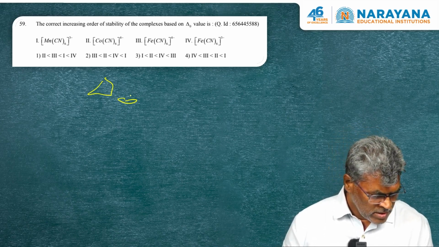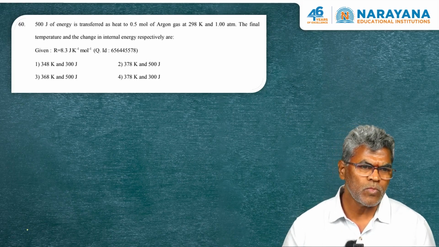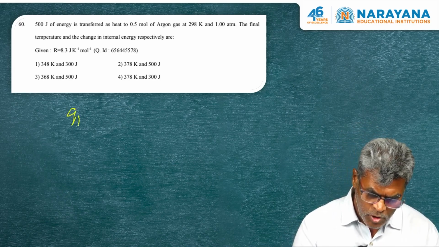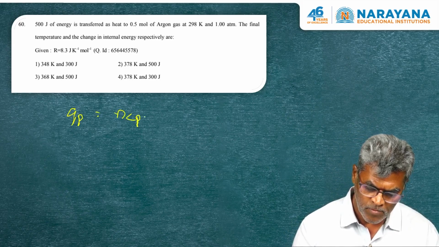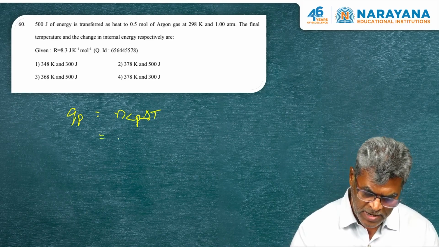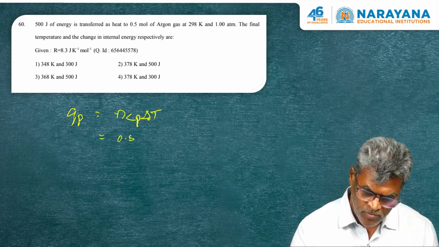Next, 60th question. In this question you need to write Qp is equal to n Cp delta T. Here n is equal to 0.5 moles is given.